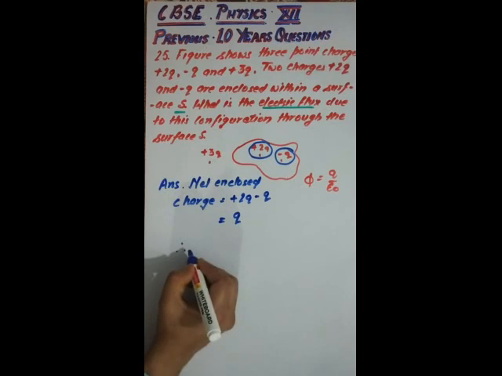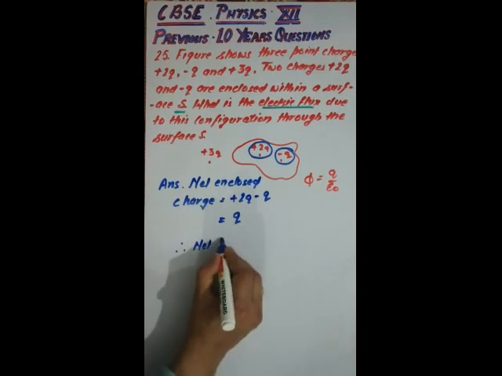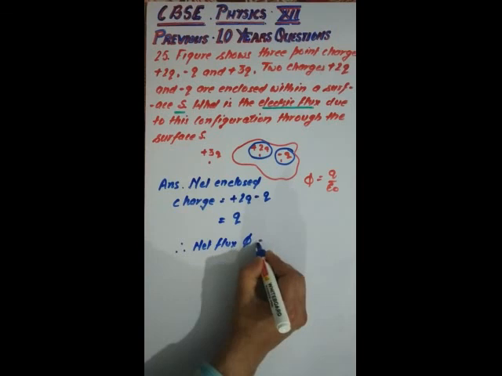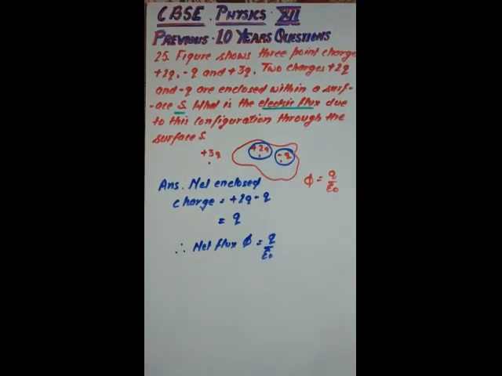Therefore, the net flux equals q upon epsilon naught.